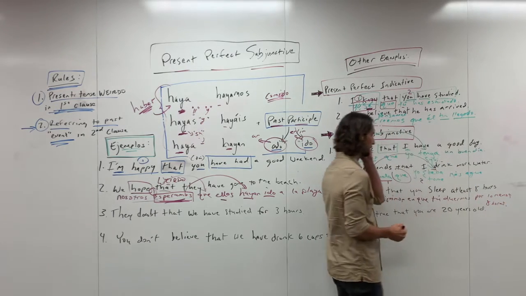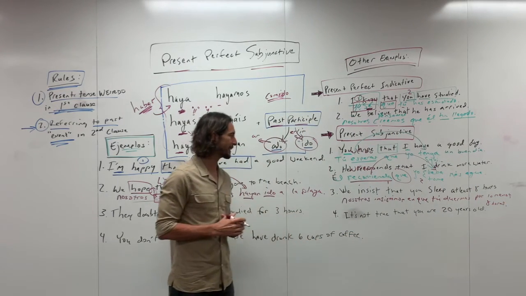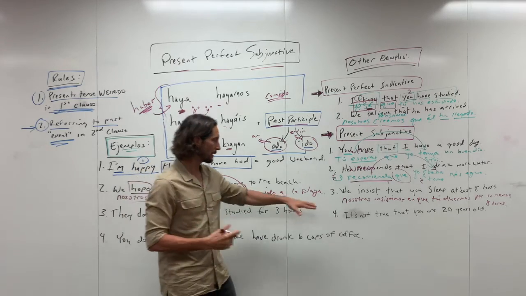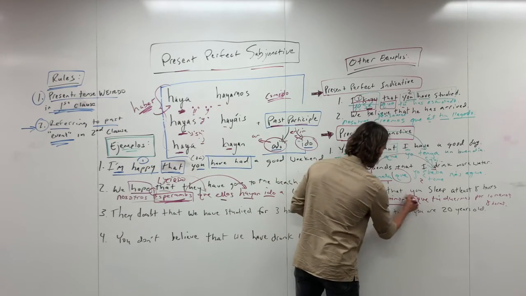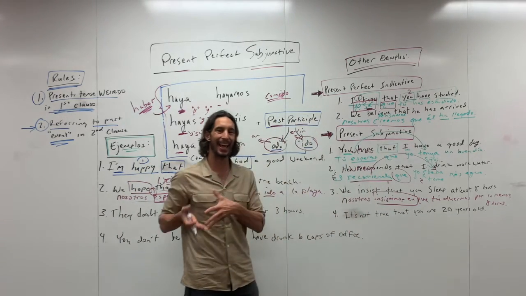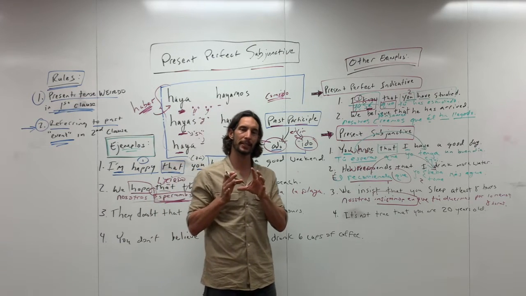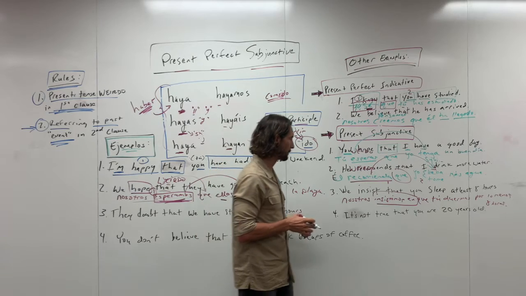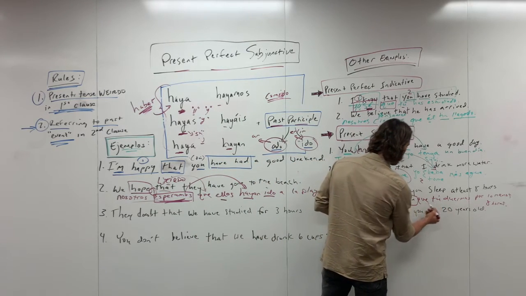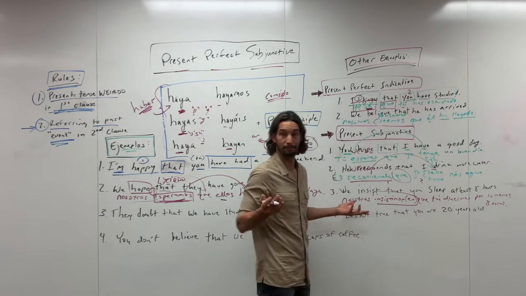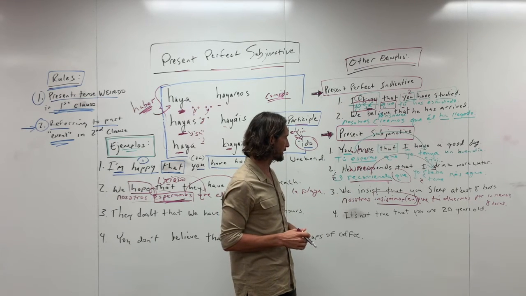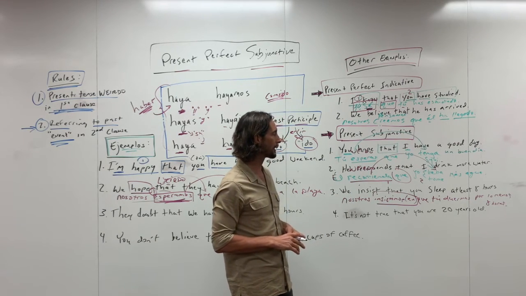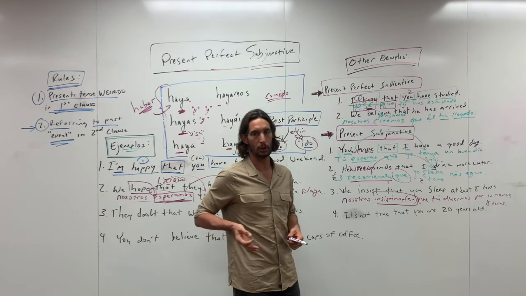So, nosotros insistimos, we insist, again, this is a weirdo. If you notice with insistir, it's insistir en, right? Nosotros insistimos en que, or I'll even put it in parentheses, really. So, nosotros insistimos en que tú duermas por lo menos 8 horas.